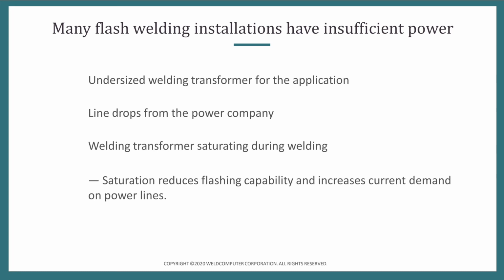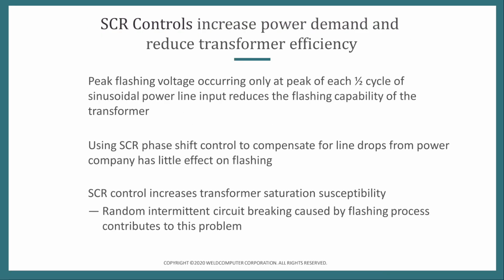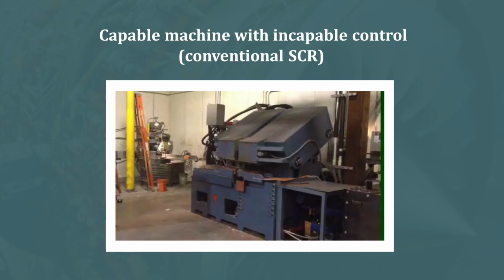This happens intermittently on and off throughout the entire flash welding process on a lot of installations because of the unbalanced signal produced by the combination of the flashing and the SCRs that are firing them. So being able to manage that saturation and keep it from happening can be a major element in keeping the power requirements to the power company way down.